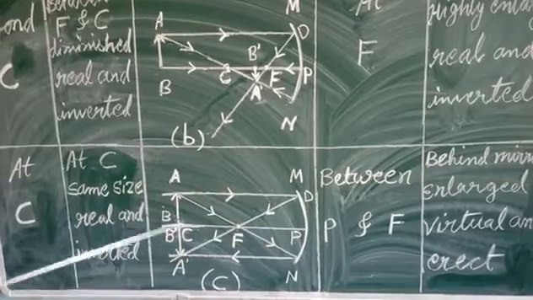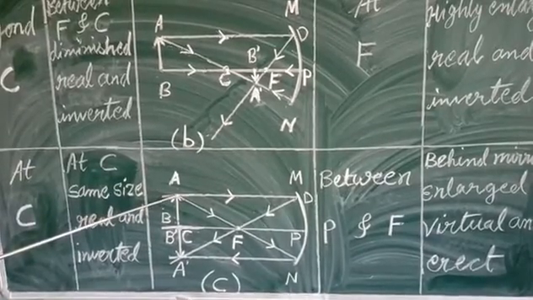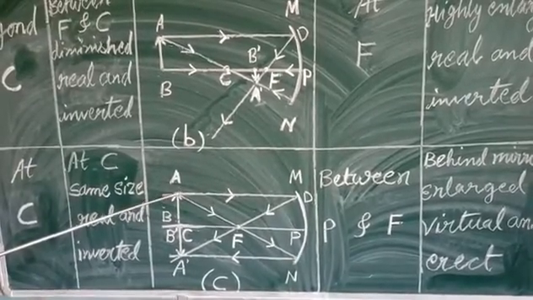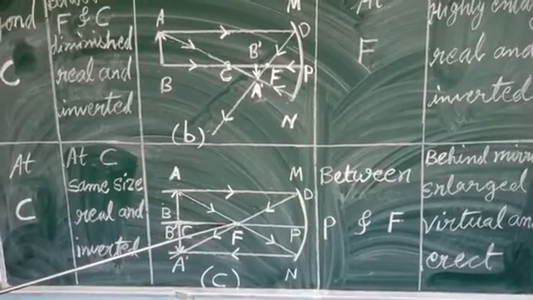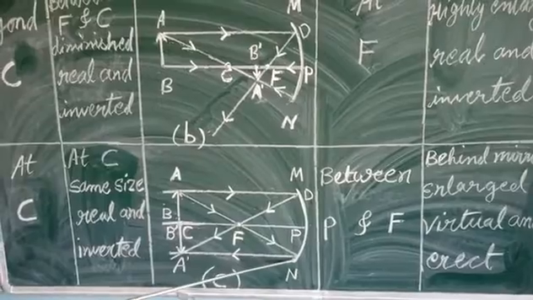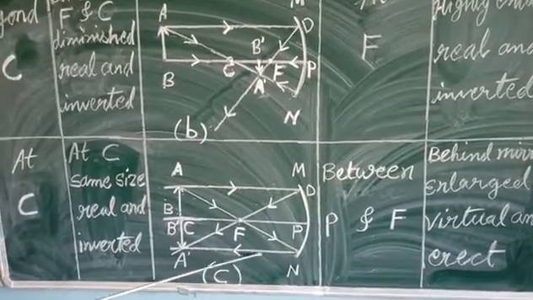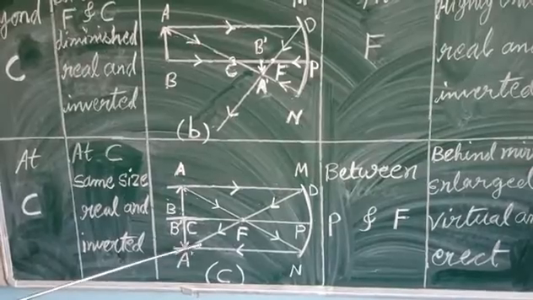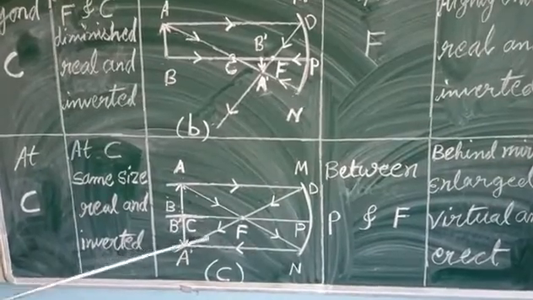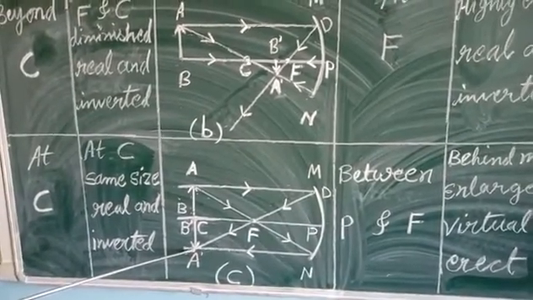In the same way, another ray of light also comes from the top point of the object and passes through the principal focus, and after reflection it becomes parallel to the principal axis, and here both the reflected rays intersect.